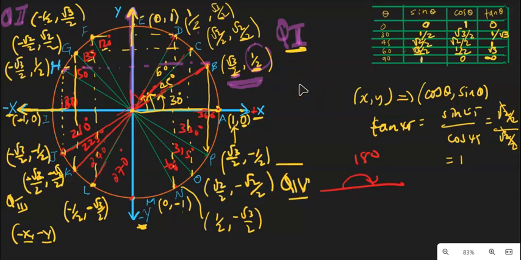And any angle which is not included here can be calculated using different trigonometric formula, which are not discussed here, and they will be discussed in another video. So using these values, we can construct sine, cosine, and tangent curves, and these curves will also be discussed in another video.